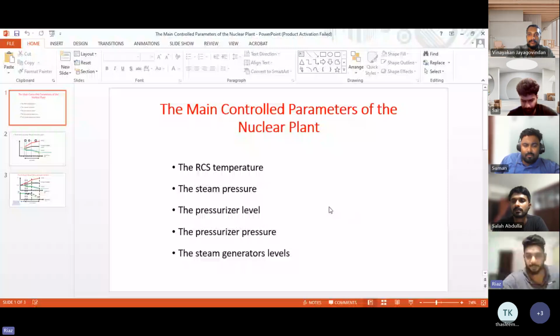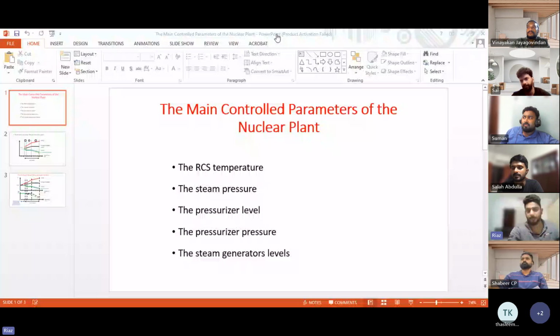Is there any other question regarding the two-mode operation? Is it clear what ACT is and what neutron flux is? You only have to think about full power. If it is below 25% of full power, it is in neutron flux mode, and if it is greater than 25%, it is average coolant temperature control mode.